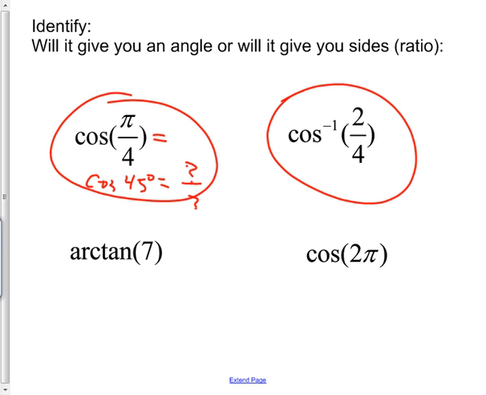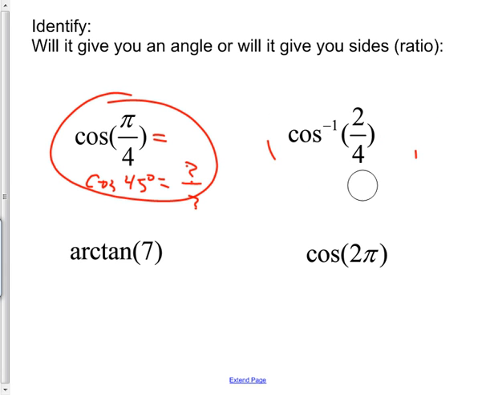Think now. Did they give you sides, or did they give you an angle? All right. Here's the way to think of this. Before this problem turned into this, it would have had a theta in it. Do you get what I mean there?